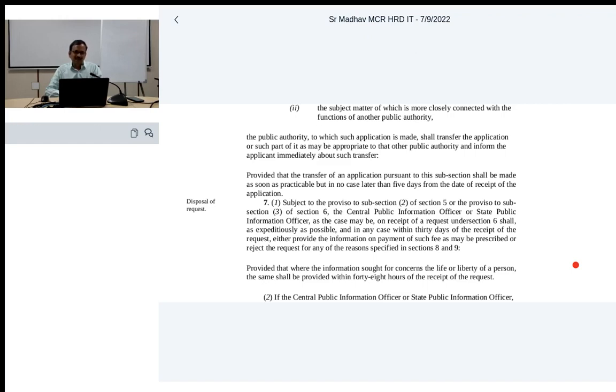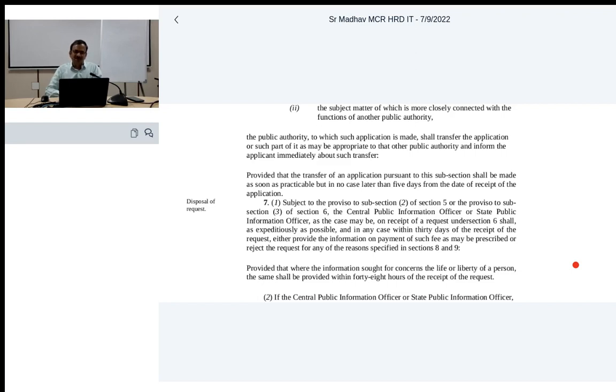So in this case, if the PAO wants to withhold information, there should be at least one reason. Then what are the reasons? You cannot say whatever reason you would like to, but there are reasons which are already specified under the Act. So we can refer to the last words of this para, which says the reasons specified in sections 8 and 9.